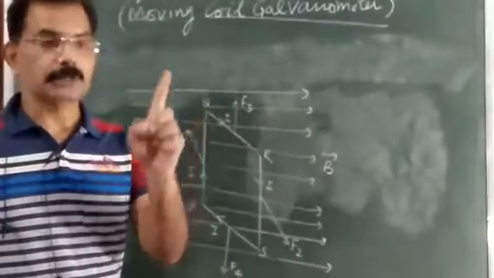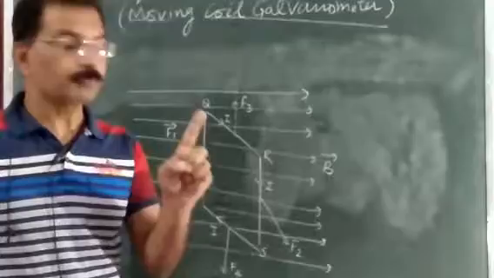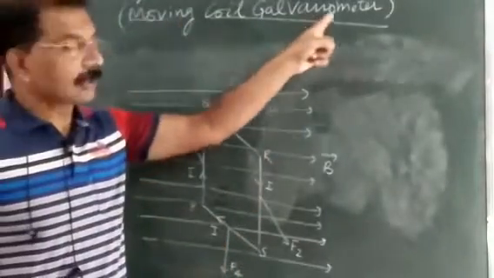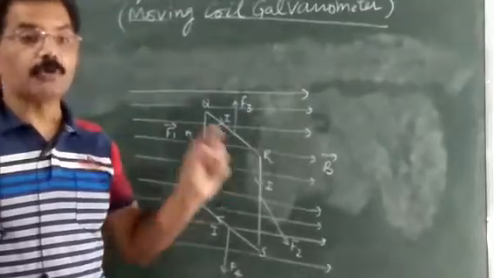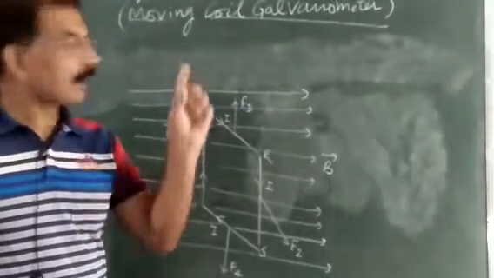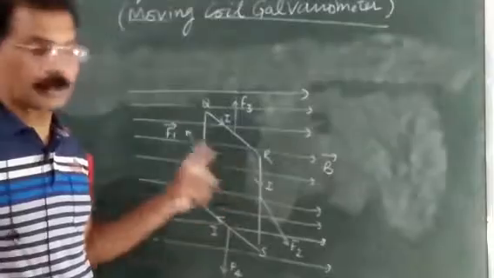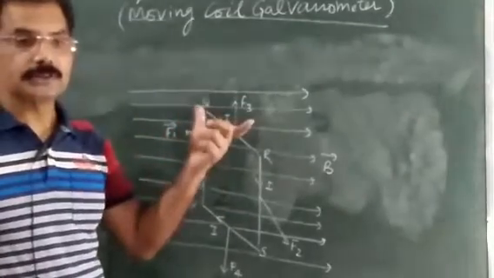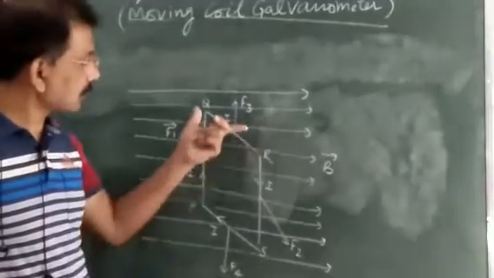And the tendency of the torque is to rotate that loop in that magnetic field. And moving coil galvanometer and motors act on the same principle. So remember, moving coil galvanometer and electric motor work on that principle.